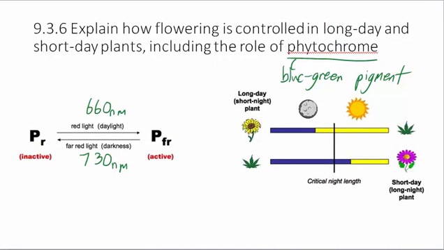So PFR in long day plants is acting like a stimulant of flowering, whereas the PFR is acting as an inhibitor, if there's any of it left, in short day plants. And remember, it's the night that's being measured here. So in long day, it actually is referring to short night, and in short day, it's referring to long night.